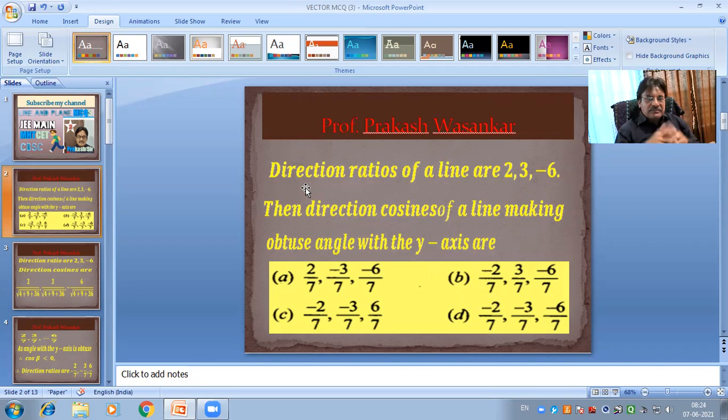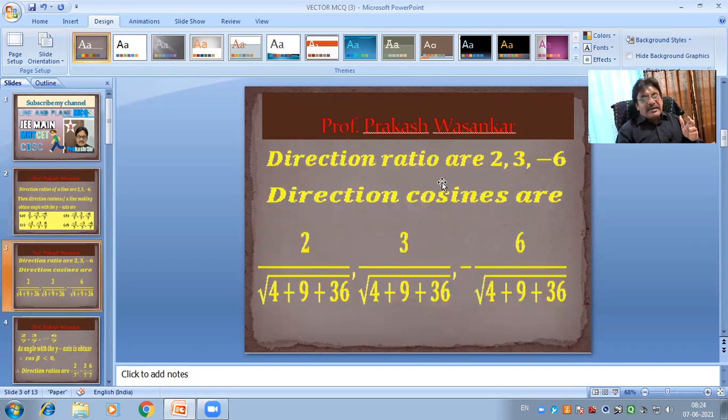By using this trick we find the answer of this problem. So first we find here the direction cosines of the line. The direction ratios of the line are given, so here direction ratios are 2, 3, minus 6.